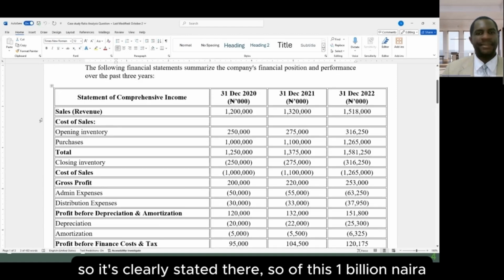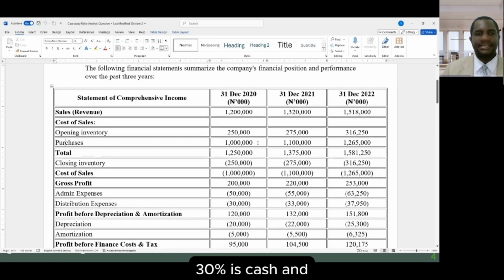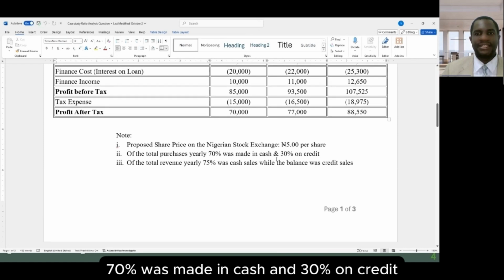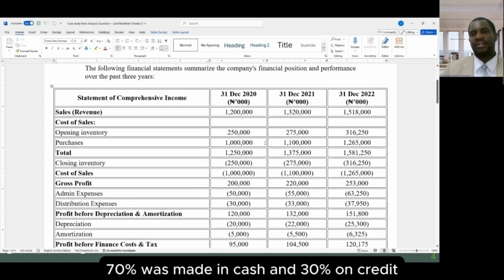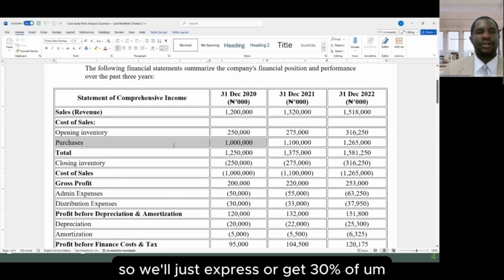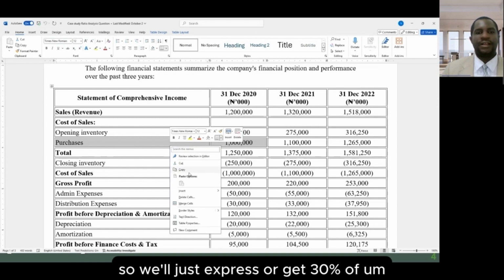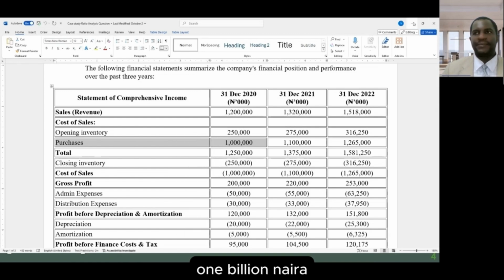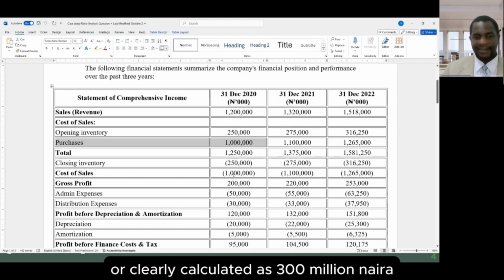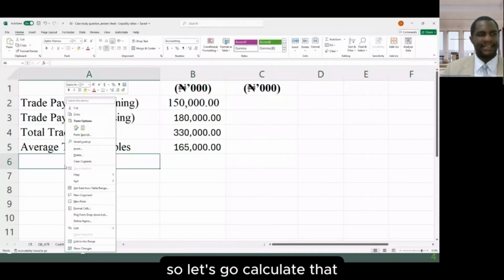Of this 1 billion naira, 70% was made in cash and 30% on credit. So we just get 30% of 1 billion naira, which is calculated as 300 million naira. So let's go calculate that.